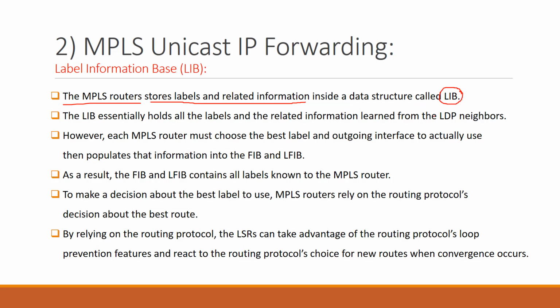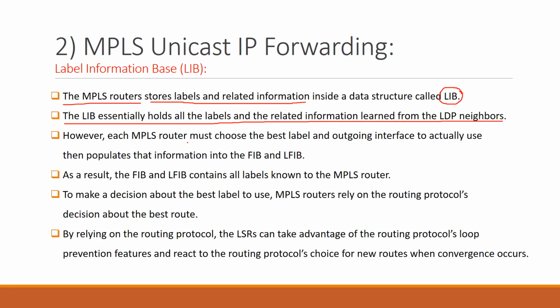So all the labels and the related information that come from the LDP neighbors are stored inside the LIB on each MPLS router. Simply, the LIB essentially holds all the labels and the related information learned from the LDP neighbors.